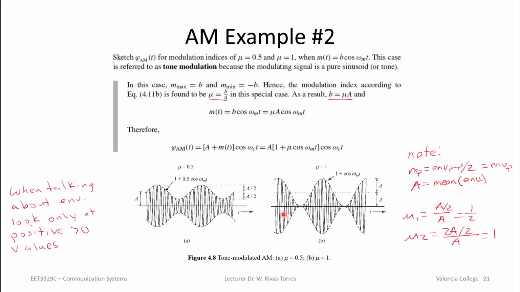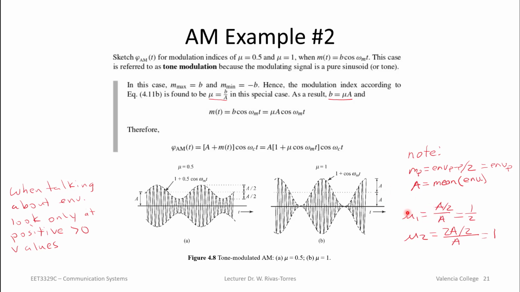Okay, so what we end up doing if you follow this, the peak to peak value here is A1 half and A1 half. So the peak to peak divided by 2 is A divided by 2, right?